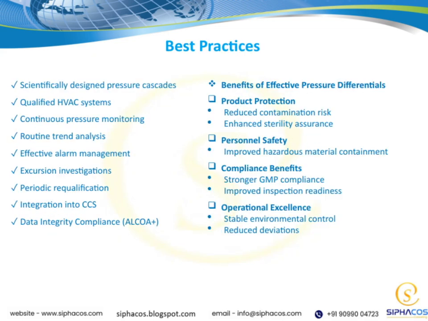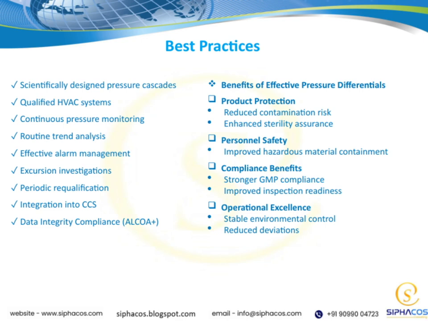When we get pressure differentials right, the benefits ripple through every part of our operation. First, product protection improves, contamination risks drop, and sterility becomes more reliable. For personnel, it means safer conditions, especially when handling hazardous materials. On the compliance side, we meet GMP standards more confidently and stay inspection ready.